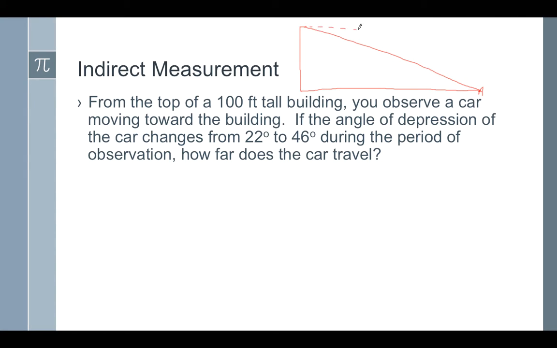I'm going to put a dash line because this line doesn't really matter here. But you've measured that angle of depression to be 22 degrees. The car then moves out to here somewhere. And you now create a new angle of depression from horizontal to get 46 degrees.